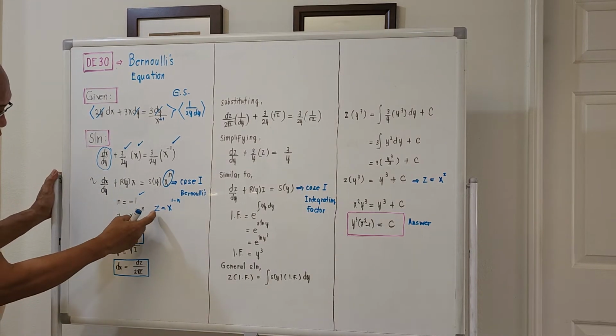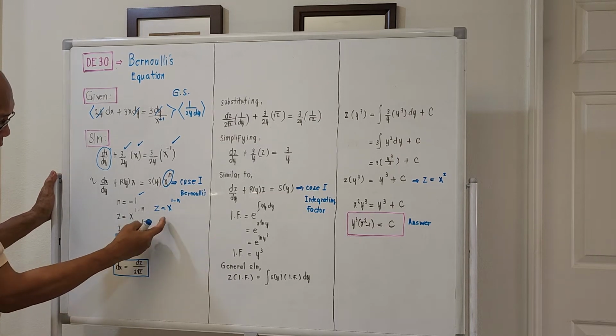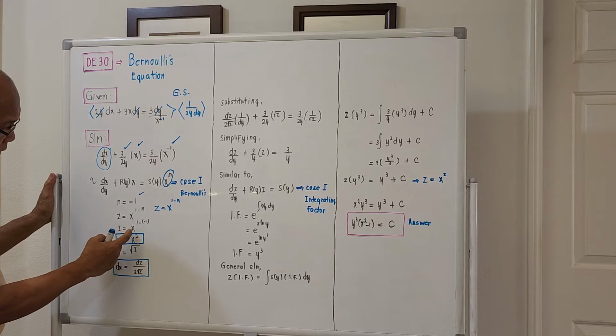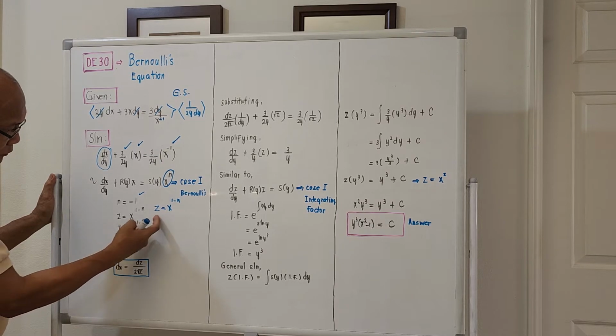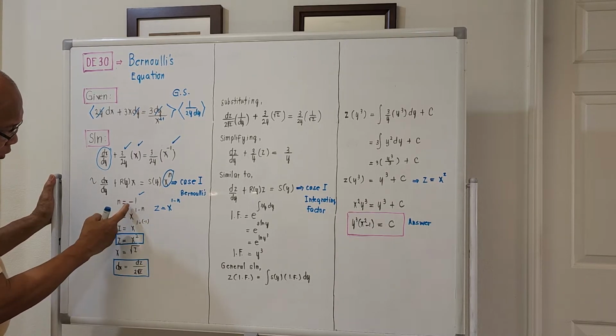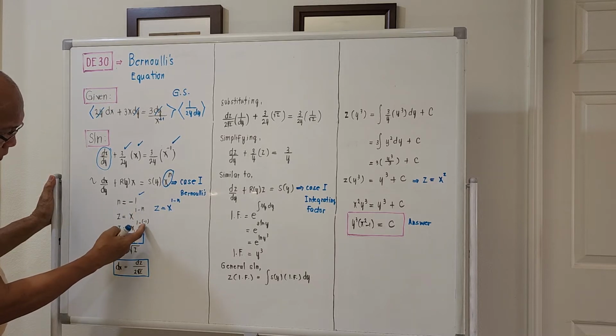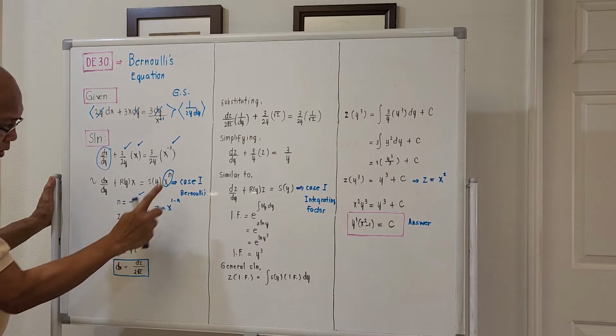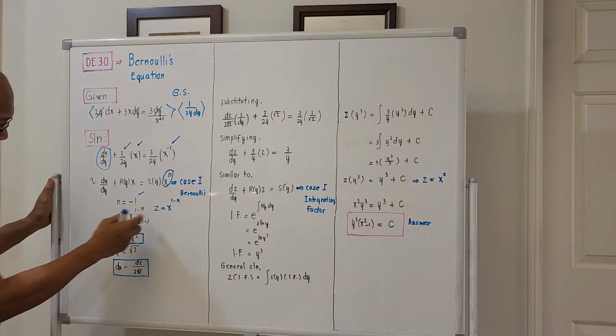So to take the relation of z in terms of x, we will use this. So this z now will be equal to x raised to 1 minus the quantity minus 1. The value of n is negative 1, so I put here a quantity. Minus minus will be plus. So actually 1 plus 1 will be 2.